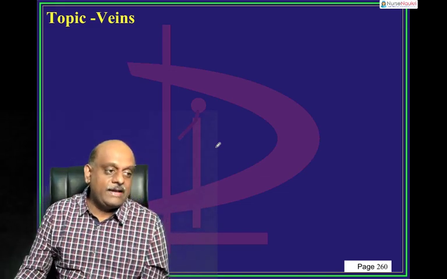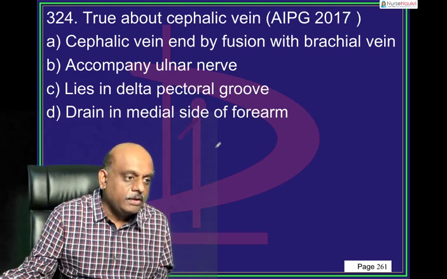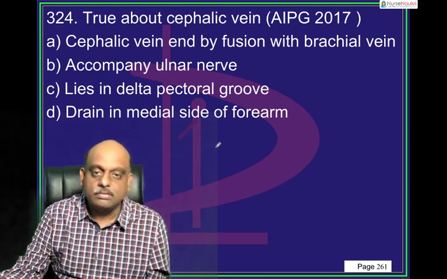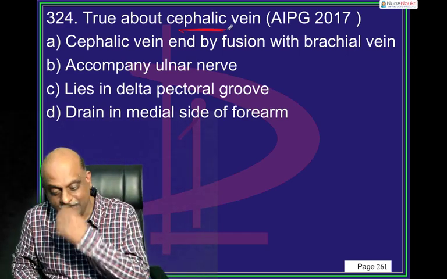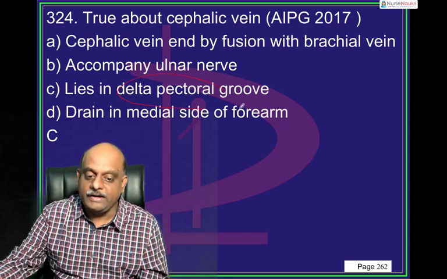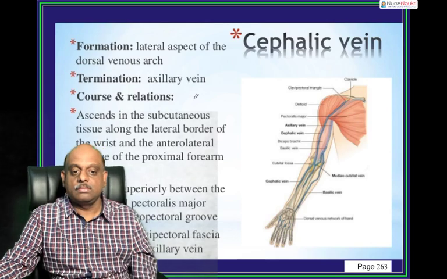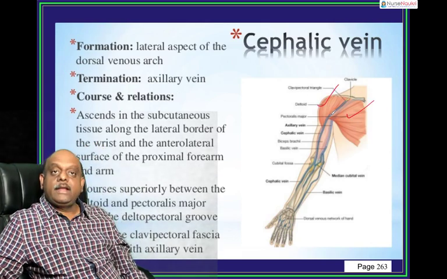That is the story of glossopharyngeal. Now, let's talk about the veins, doctor. With regard to the cephalic vein, what is the story? Cephalic vein lies in the deltopectoral groove. All of you know, the deltopectoral groove is between the deltoid muscle and the pectoral muscle.